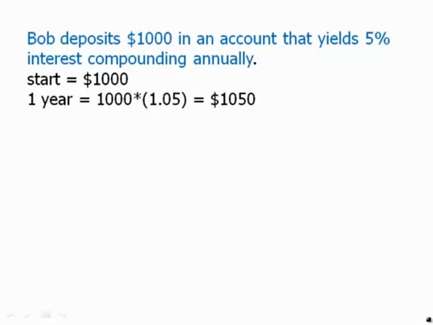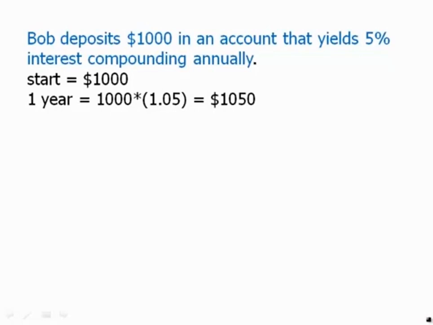Construct that multiplier, 1.05, multiply by 1.05, we get 1050. Notice after 1 year that we get exactly the same amount, either with simple or compound interest, and that will always be the case if we're compounding annually, that after 1 year, one compounding period, simple interest and compound interest get exactly the same amount. After that, they diverge.